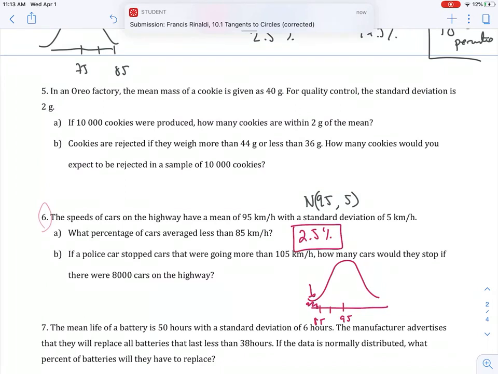If the police stopped cars that were going more than 105 kilometers per hour, this one's a little different, how many cars would they stop if there were 8,000 cars? So they're stopping cars that are 3 standard deviations above the mean. Because I start at 95, I go up 1, 2, 3, 100, 105.